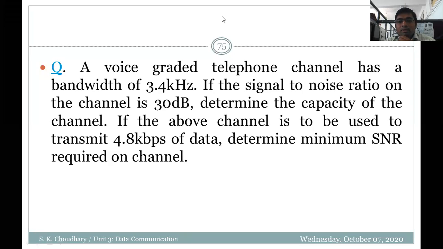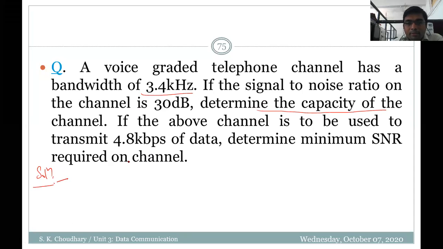So tell me, first of all, the capacity of the channel from the given information. It is a very simple question. We can solve it in 3.5 minutes. First is channel capacity. Anyone who has solved this?